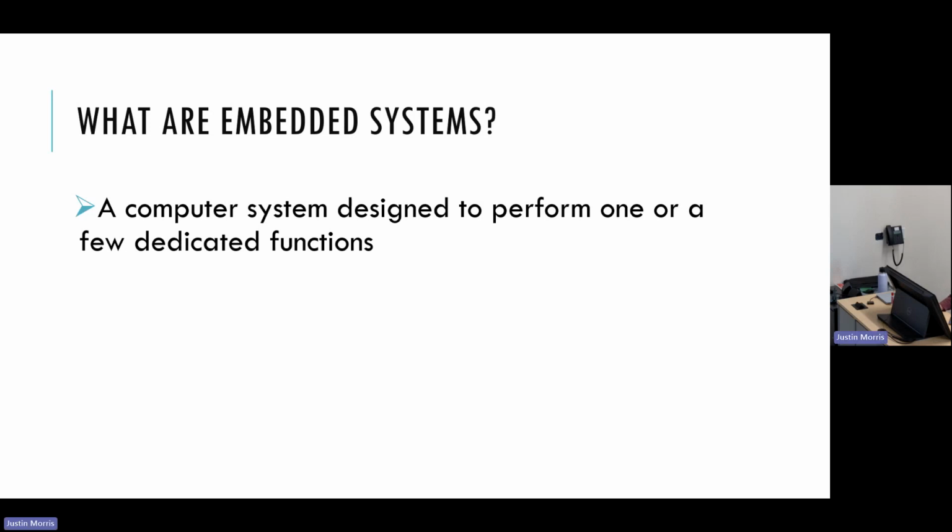And what about a more complex embedded system? Like going back to the car, a Tesla is a little bit more complicated of a car, right? Because they implement some self-driving functions, right?